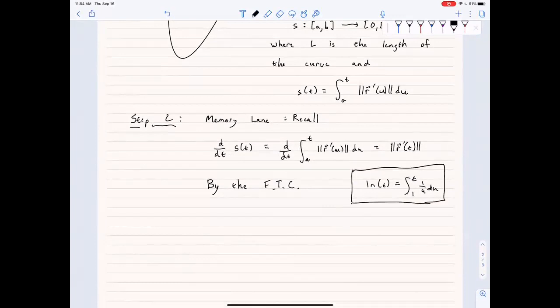Well, what I said early on when talking about good parameterizations is I never want to stop. I want the parametrization to always continue on. So this speed should be non-zero. I should never stop. So if we have a function that always has a positive derivative, we remember that s of t is strictly increasing.